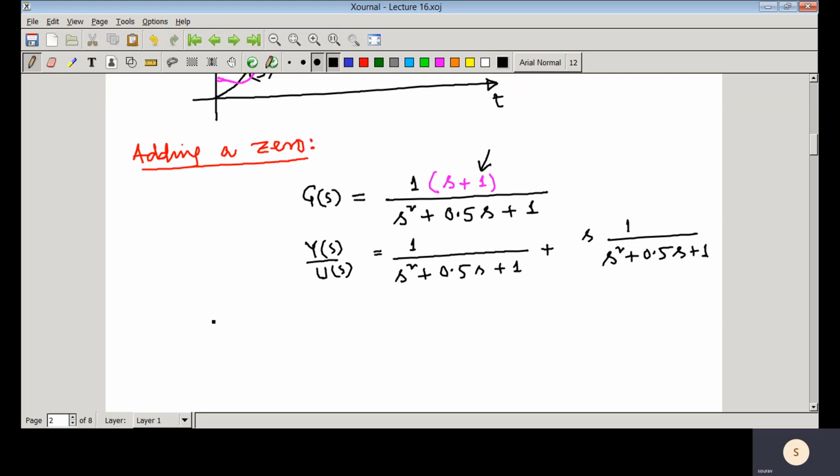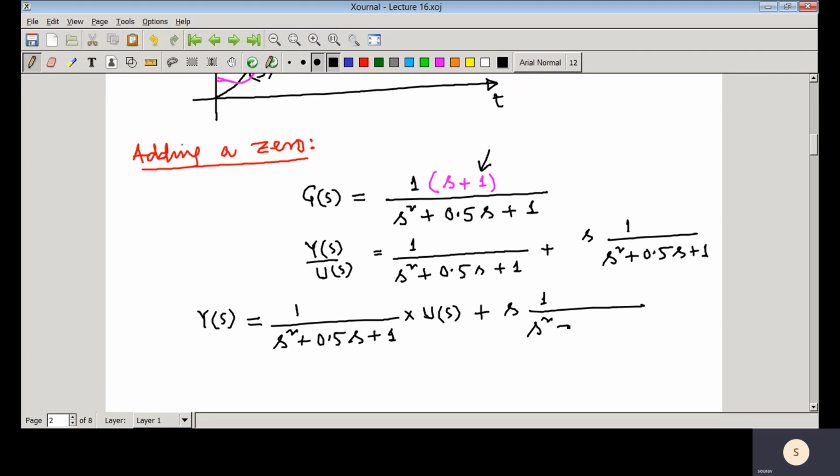Then the output Y(s) equals s times 1 by s square plus 0.5 s plus 1 into U(s).